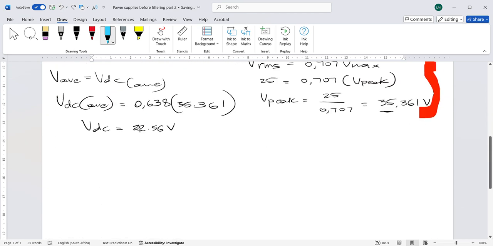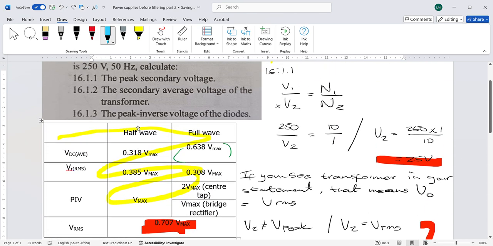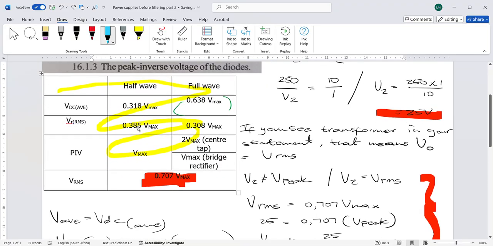What's the other thing? Peak inverse voltage. Now, what is peak inverse voltage? That's our peak inverse voltage. How do we determine it? If it's half wave, you use Vmax. If it's full wave, then you will come to this block here.